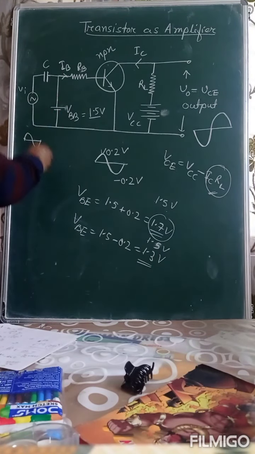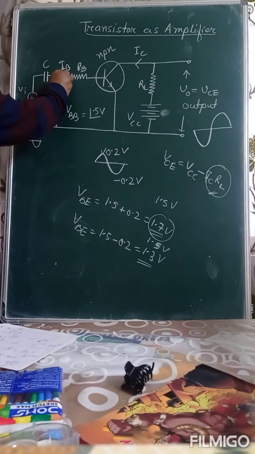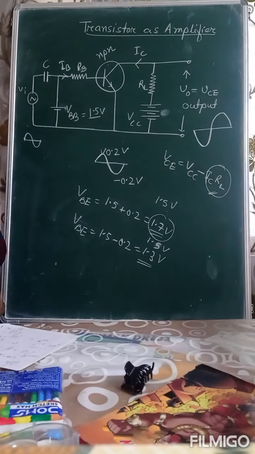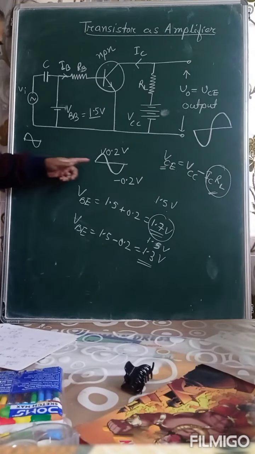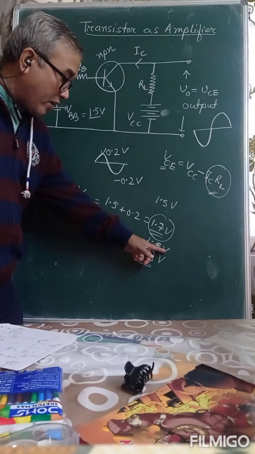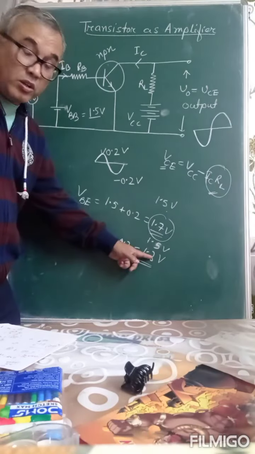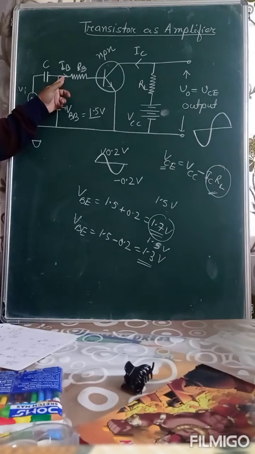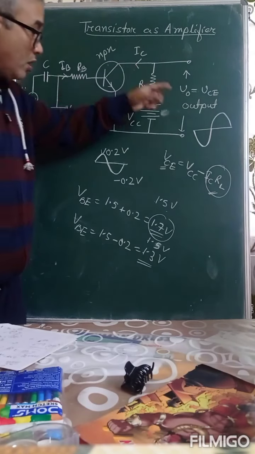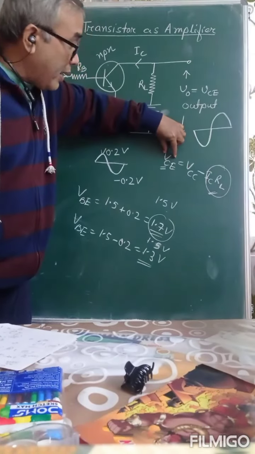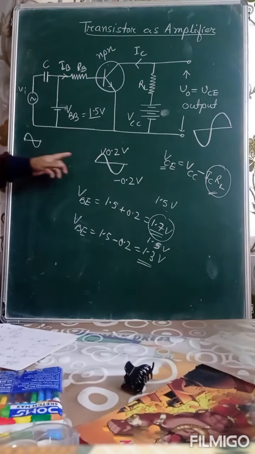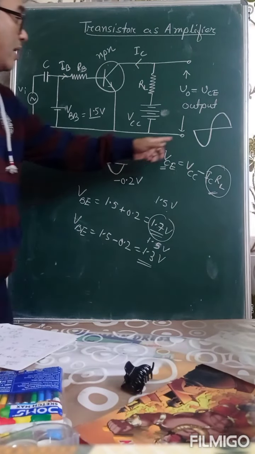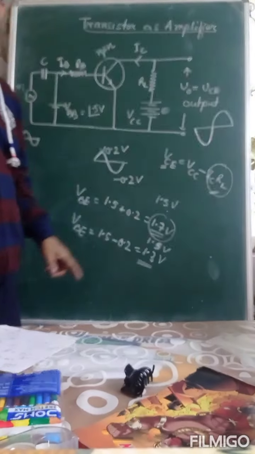As the biasing voltage decreases, base current decreases, collector current decreases, therefore this particular term decreases and this particular voltage increases. So during the negative half of the input signal we get positive half of the amplified output.